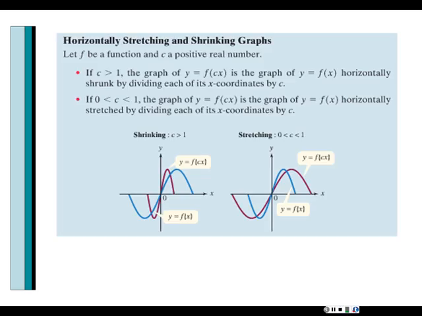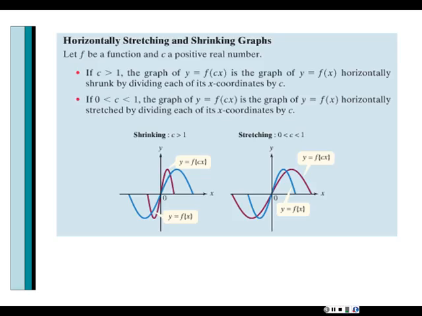Instead of multiplying the whole function by c, we are multiplying only the x by c. You see the difference? We are just multiplying the x, not the whole function. Now again, if c is larger than 1, it will be stretching. If c is smaller than 1 but greater than 0, it will be shrinking.